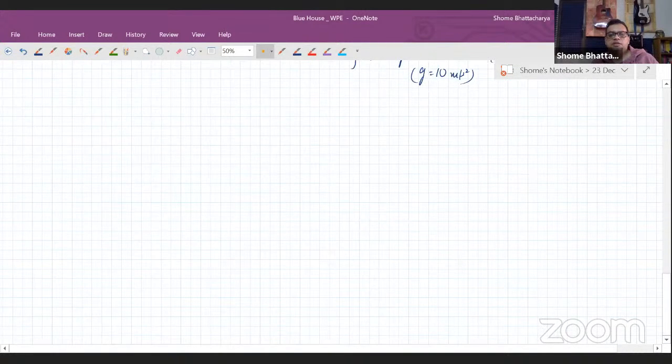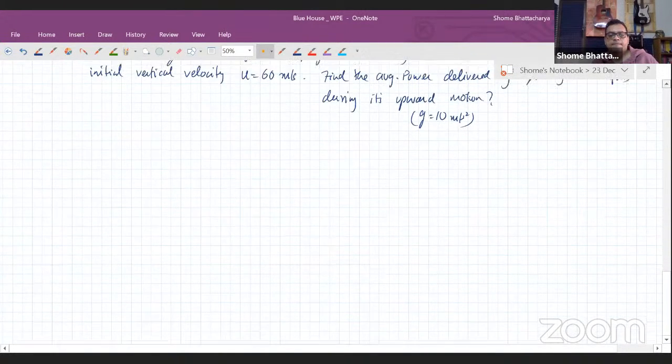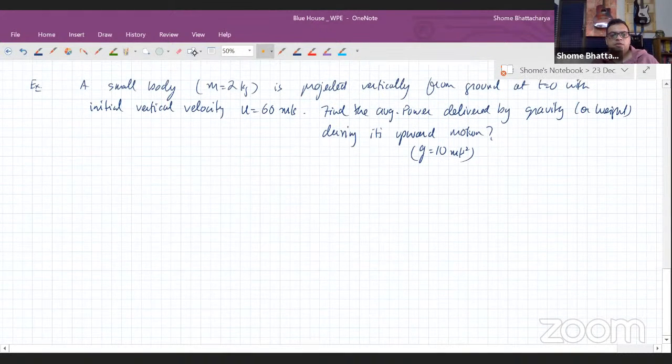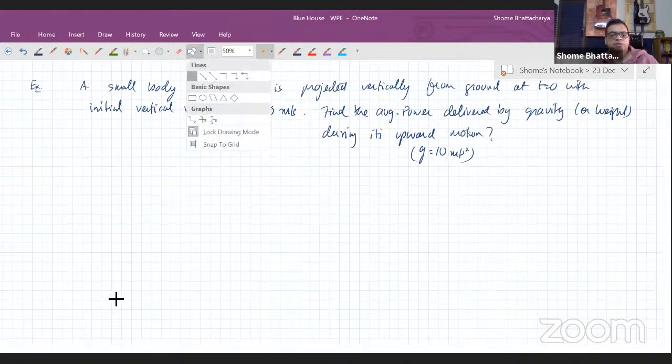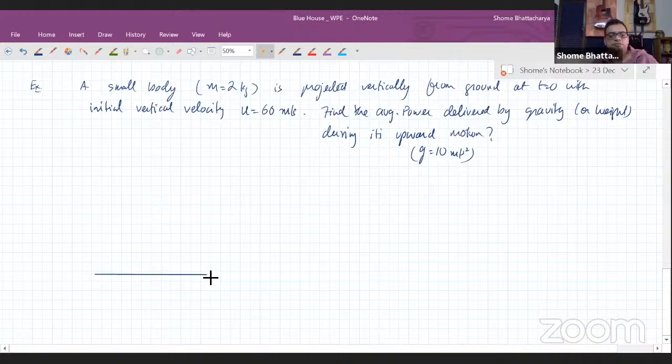Now see, we can understand this question this way. At t equal to 0, we have projected it from the ground with an initial velocity of 60 meters per second.